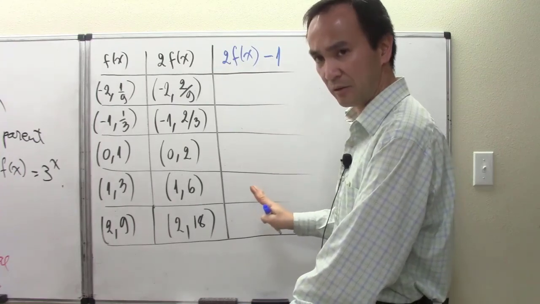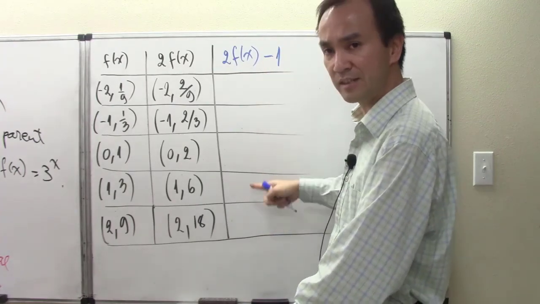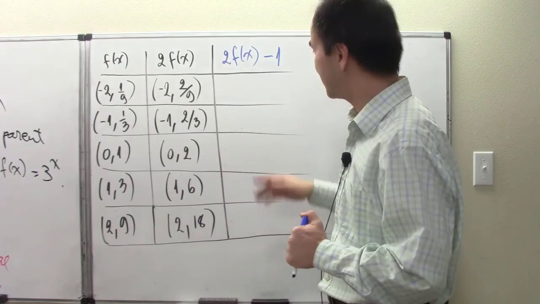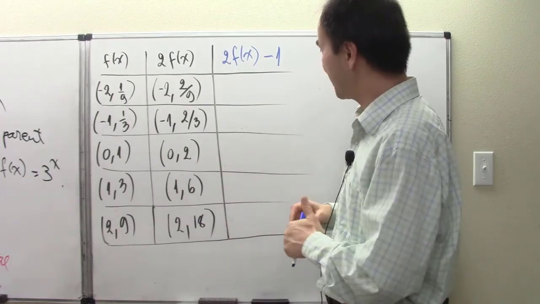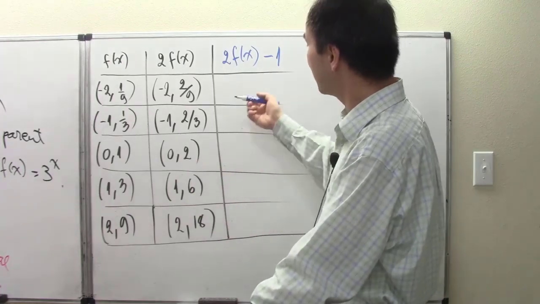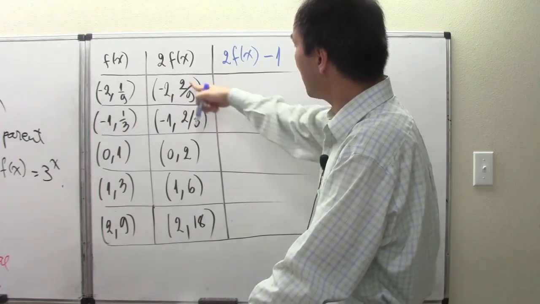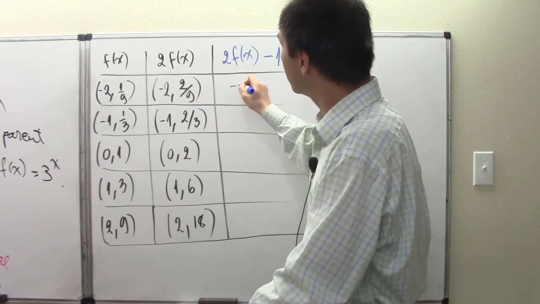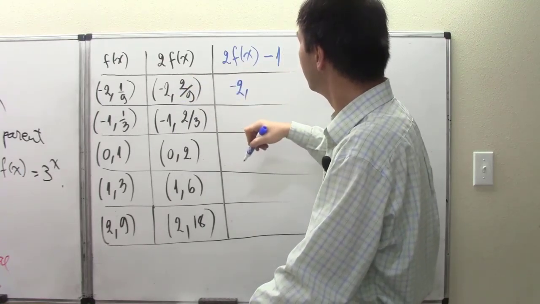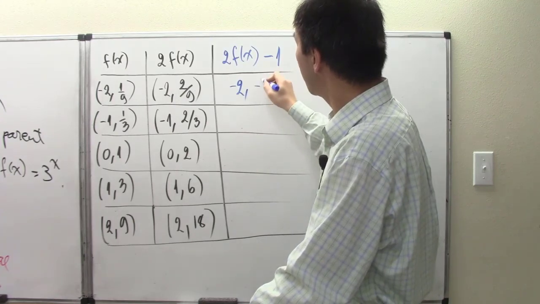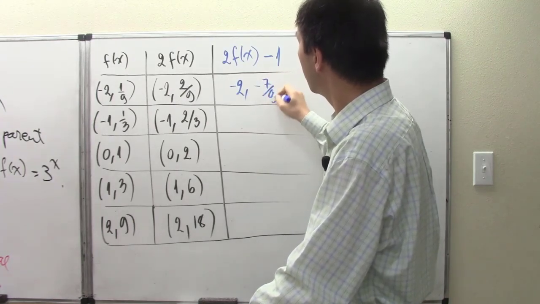I'm writing that in blue right here because it's just a habit I was doing about the transformation. So now I'm looking at minus 2 comma 2/9, but I'm going to subtract 1 from every y value. So minus 2 comma negative 7/9.